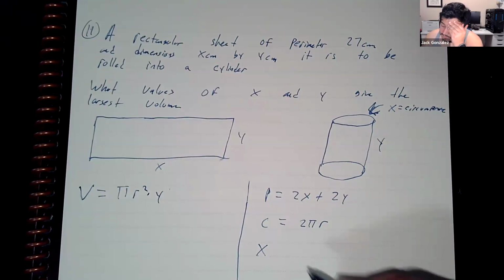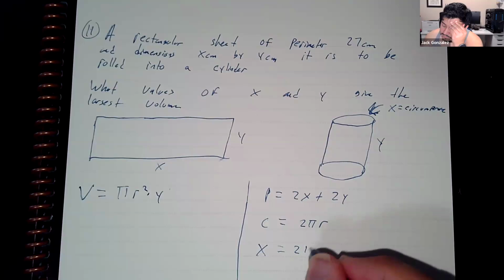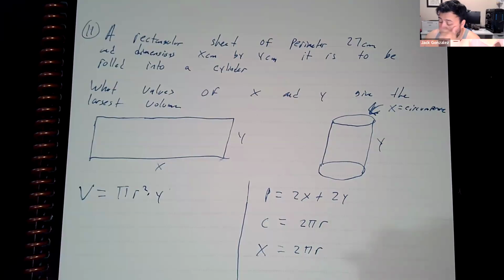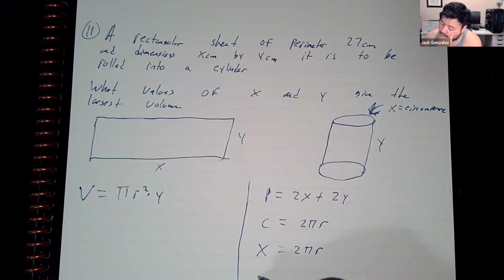So x is equal to the circumference. So this is where the x comes from. Solve for radius. The radius would equal x over 2 pi. Do you all agree?